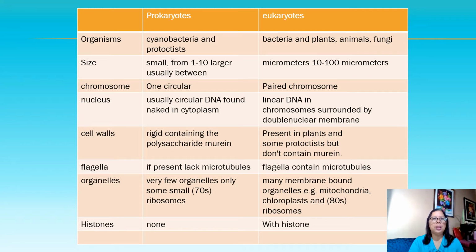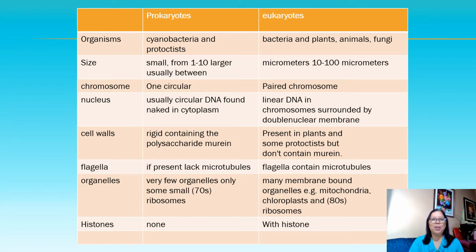So usually the cyanobacteria or most bacteria and prokaryotes are found under the prokaryotic cell. Bacteria and other higher living forms like the plants, animals, and fungi are your eukaryotic organism. The prokaryotics are smaller, or small as compared with eukaryotes. They are even smaller.